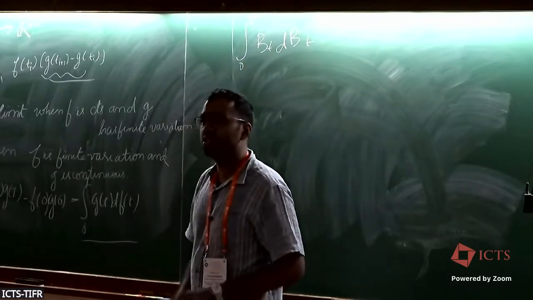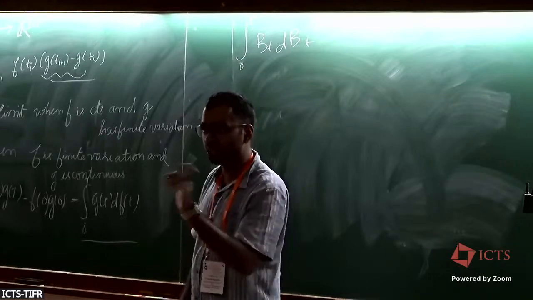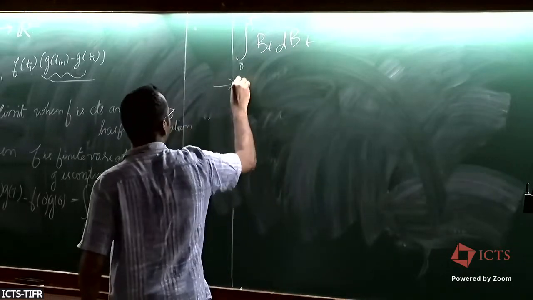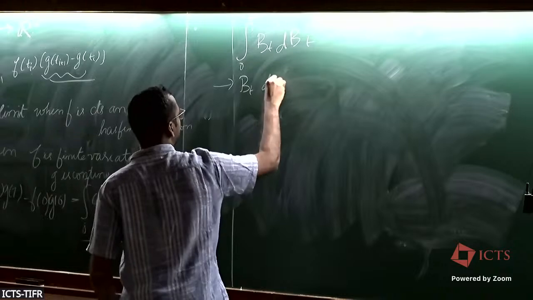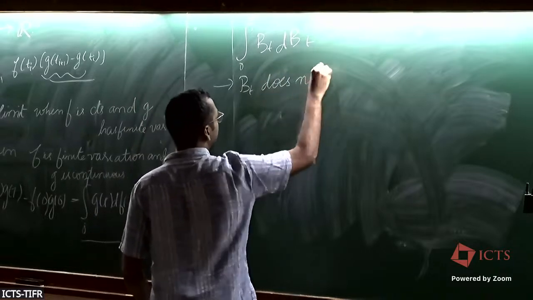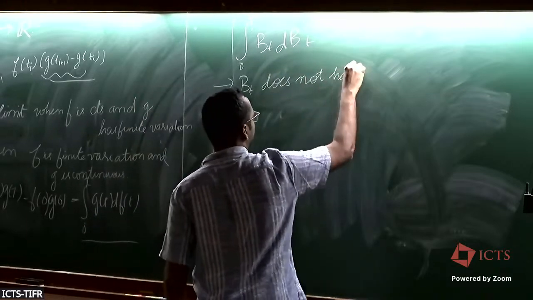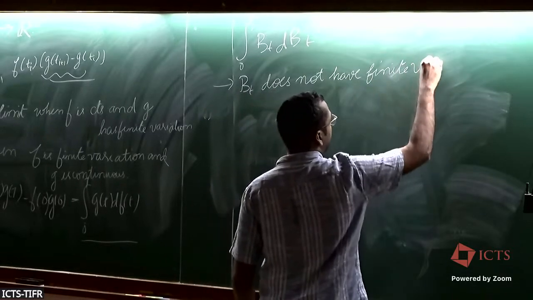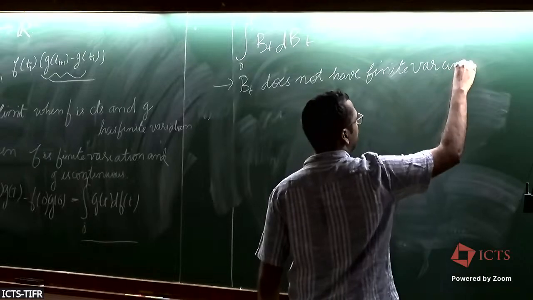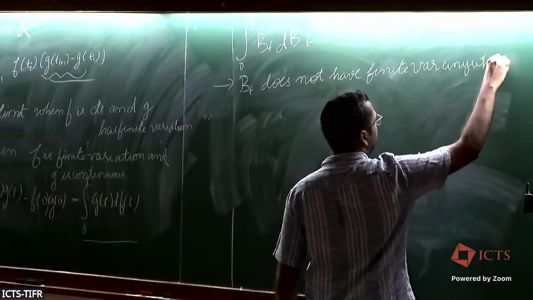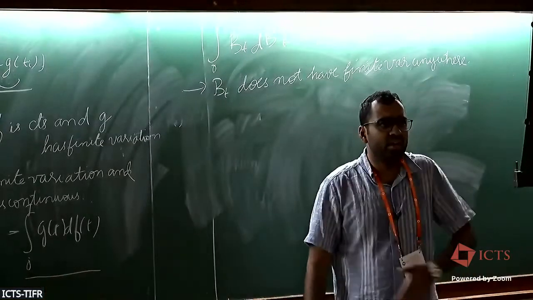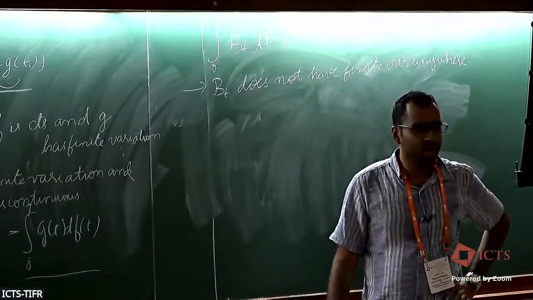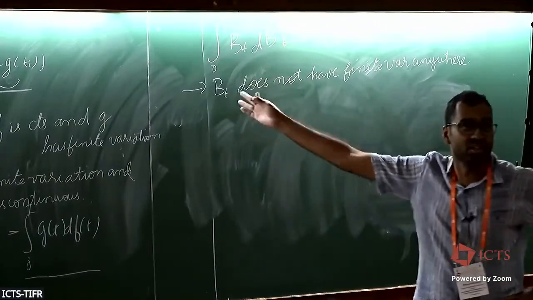But it does not have finite variation in any interval. So the problem is B_t does not have finite variation anywhere. So you can't extend this theory to apply to this kind of integration.